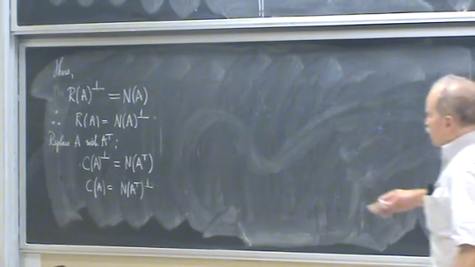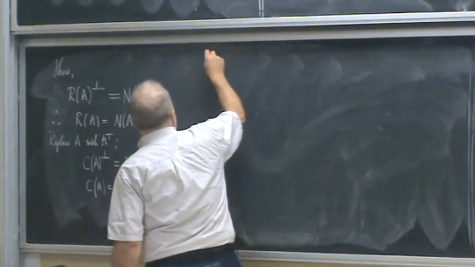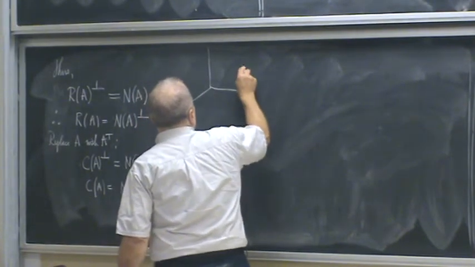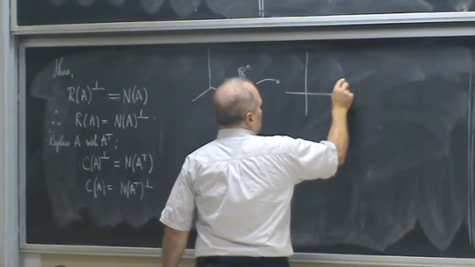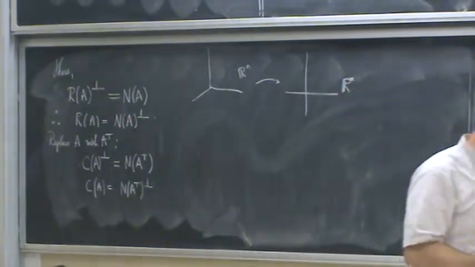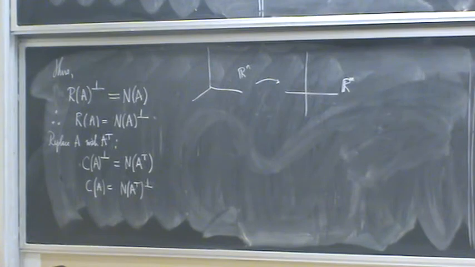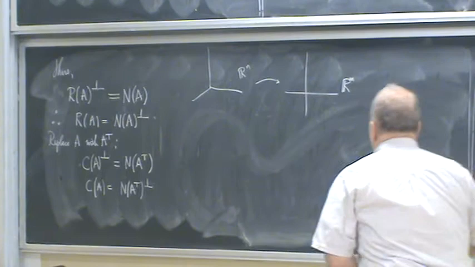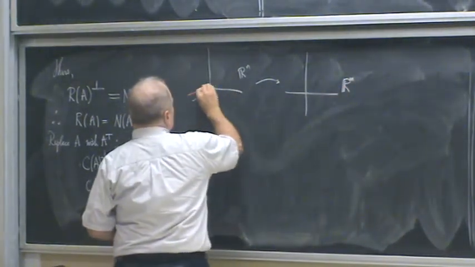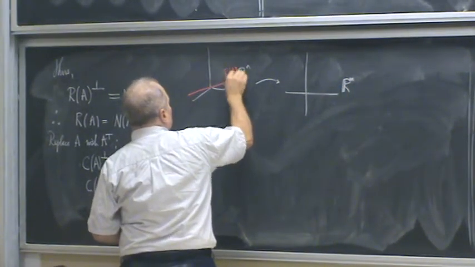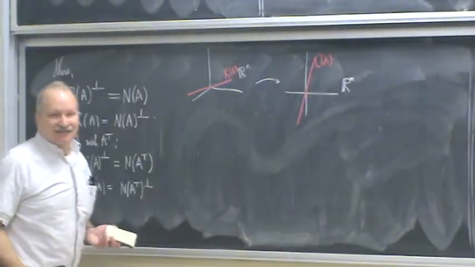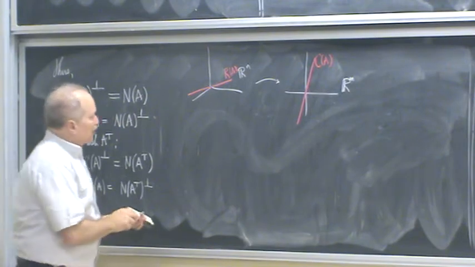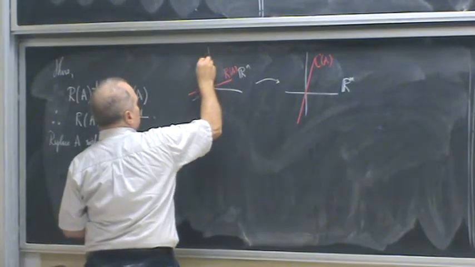It's just important to remember, as I drew you the picture the other day, that you have two of these subspaces going on in Rn and two of them going on in Rm. So you've got the row space here, you've got the column space here, but they have the same dimensions. And then you've got the perp here, which is the null space.